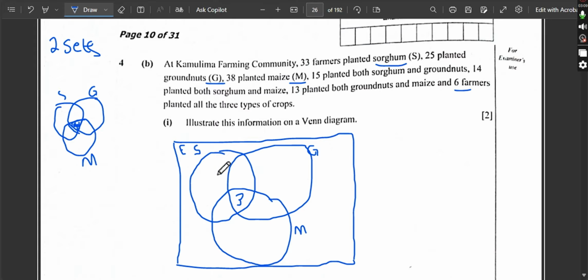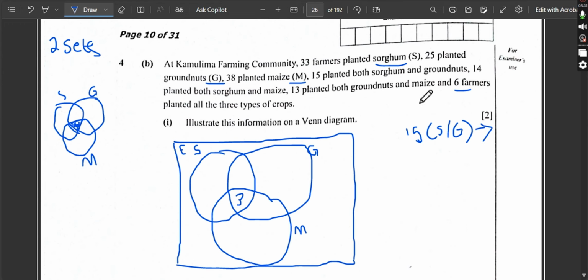Now remember, here it says 15 planted both sorghum and groundnuts.